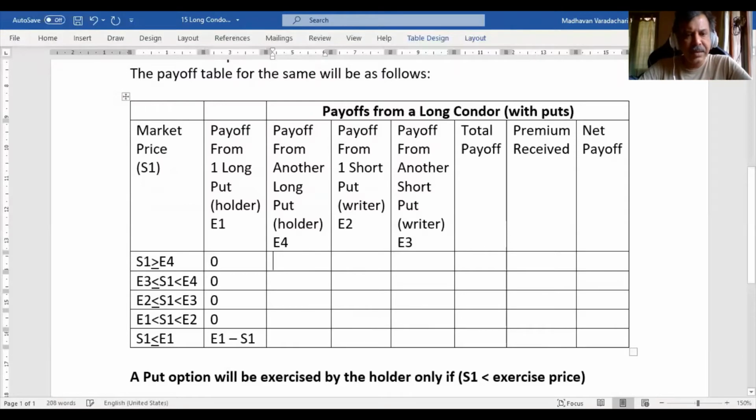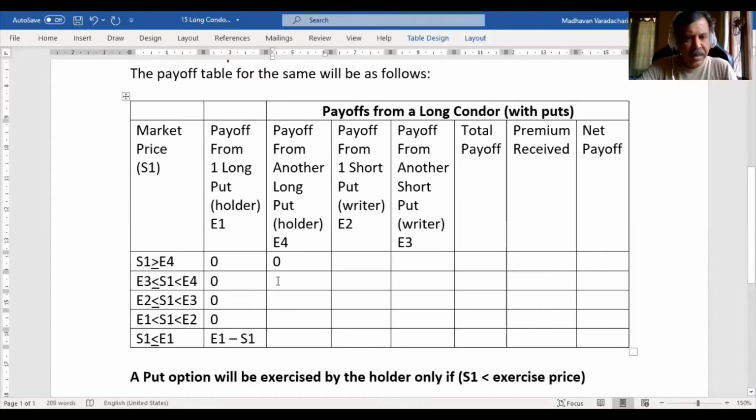In the next case, I'm holding a put option with me. So I am the holder, and I'm holding another long put with an exercise price E4. Market price larger than E4, I won't exercise.